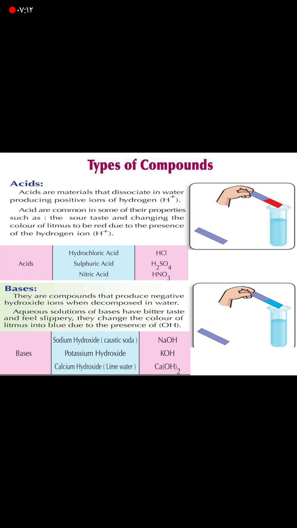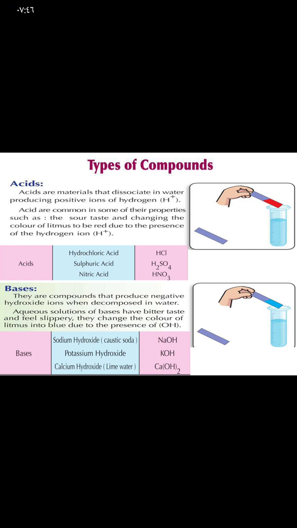So acids are common in some of their properties: they have a sour taste and they change the color of litmus paper to red. Due to what? Excellent. The presence of the hydrogen ion, which results from their dissociation in water. Examples of acids: hydrochloric acid, HCl, sulfuric acid, H2SO4, nitric acid, HNO3. Acids start with H, hydrogen, okay?